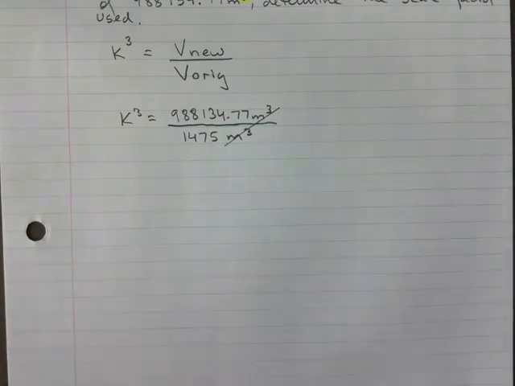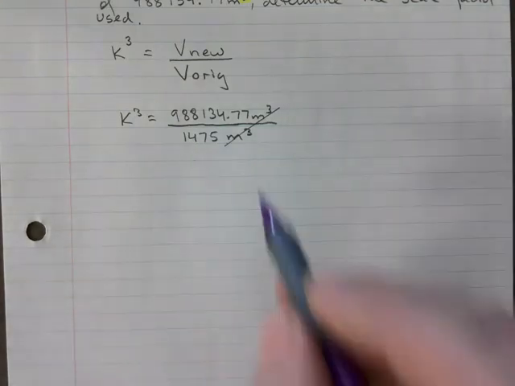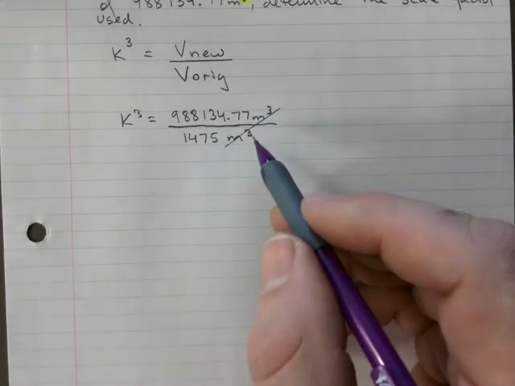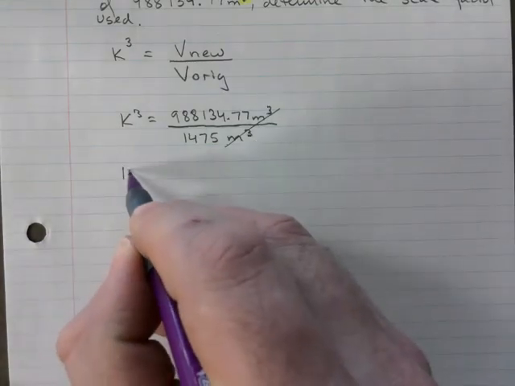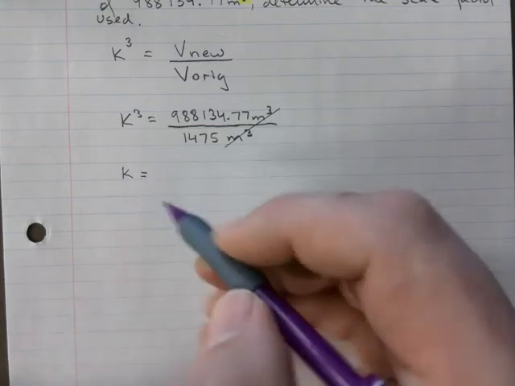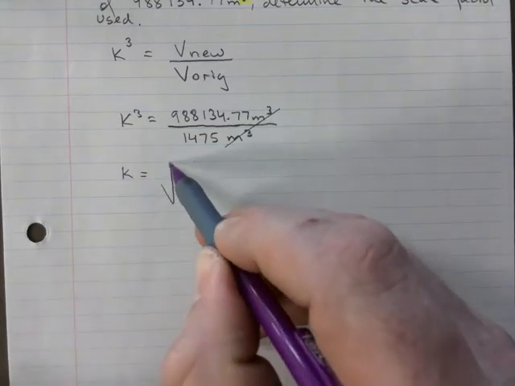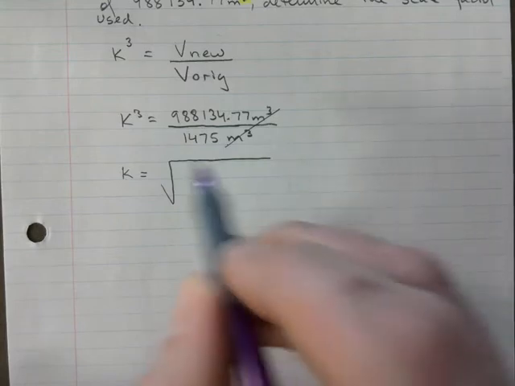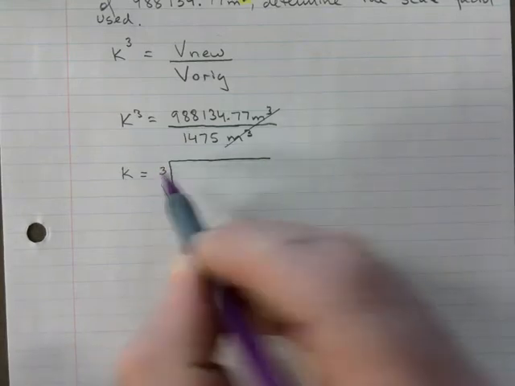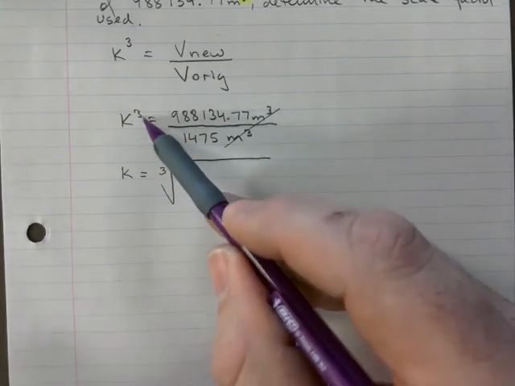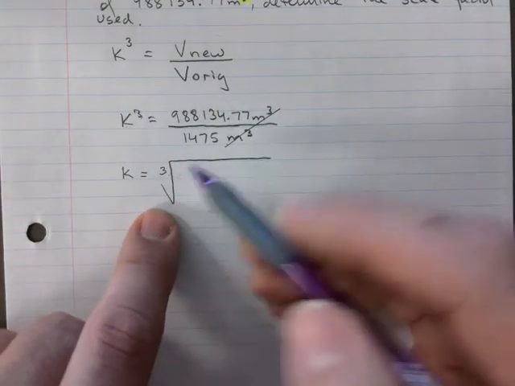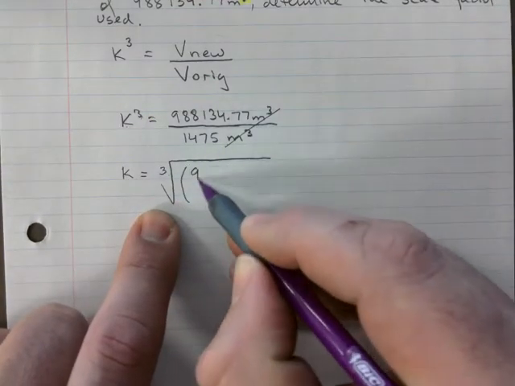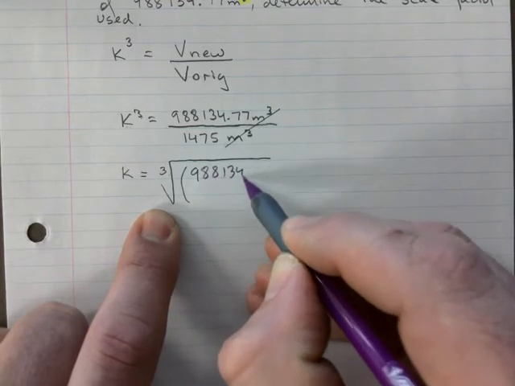I most likely am not going to throw a different unit at you when it's volumes and surface areas and so forth. So to find K, watch this very carefully. If you're falling asleep, wake up, right? Cube root, because we're trying to get rid of that K to the power of 3, so you have to take the cube root of 988,134.77.